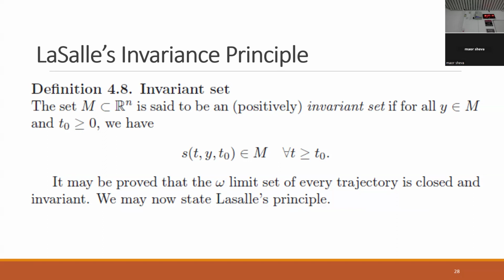So this means invariant set: if I start in this set, I end up in the same set. It may be proved that the omega limit set of every trajectory is closed and invariant. So this set is closed and invariant, so it means all solutions stay inside.